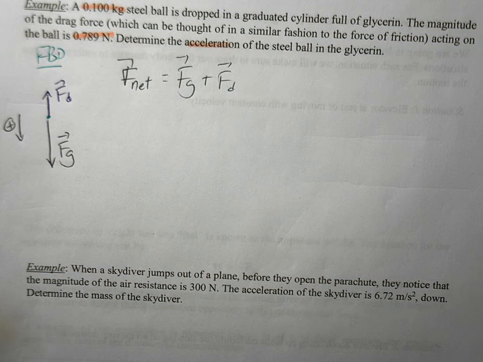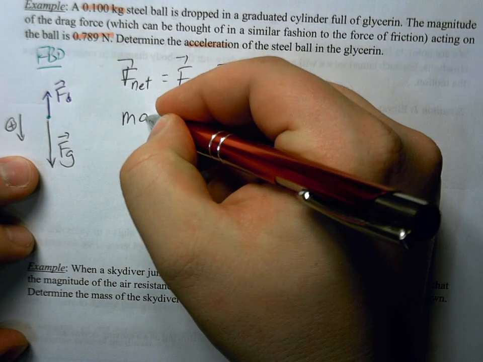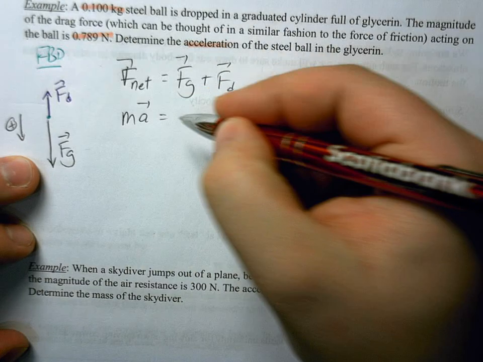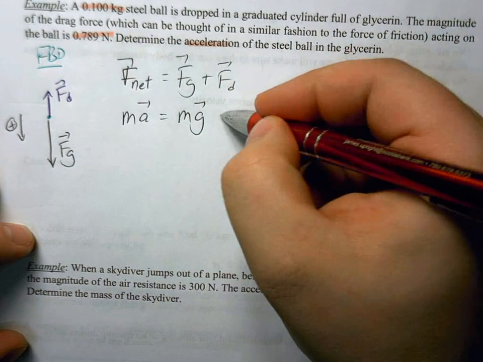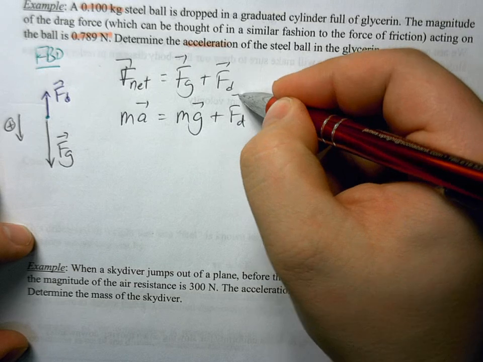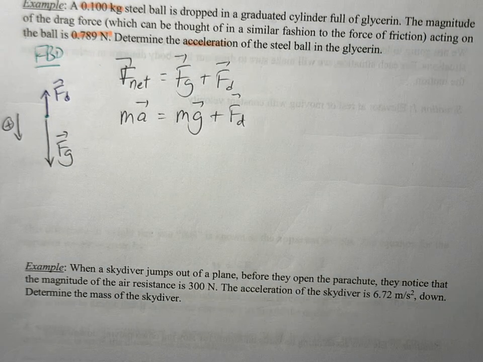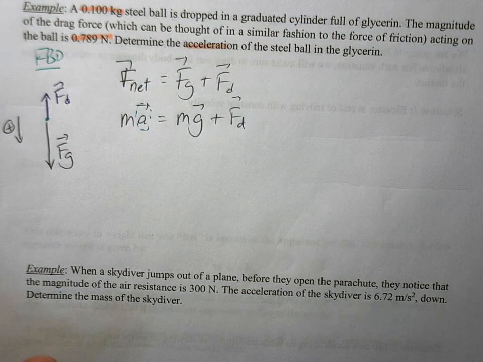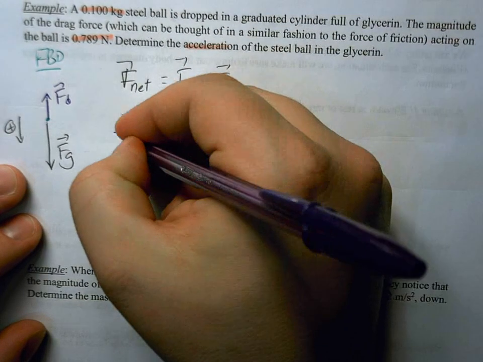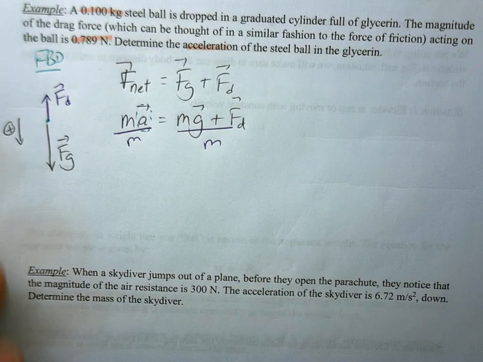Now, we know our definition for F net. It's mass times acceleration. We know our definition for Fg. It's mg. And the drag force we are provided in the question. The objective here is to find a, so we want to solve for that. We're going to divide both sides by m.